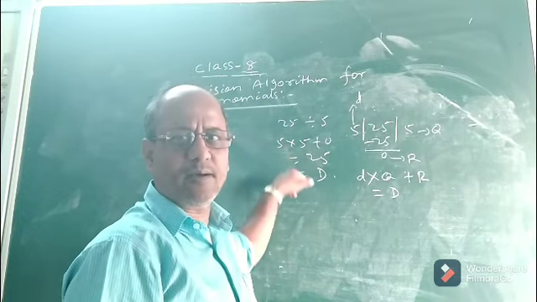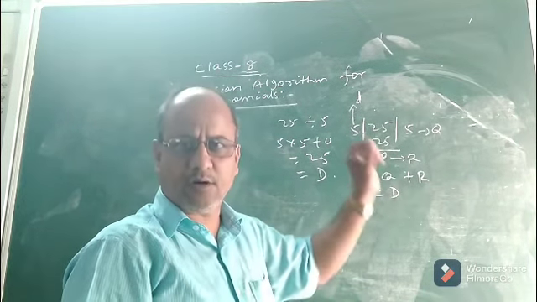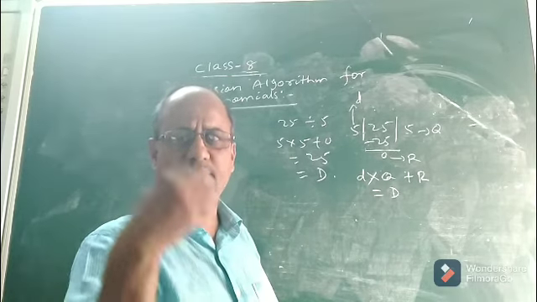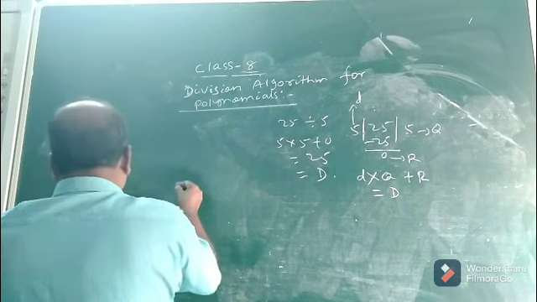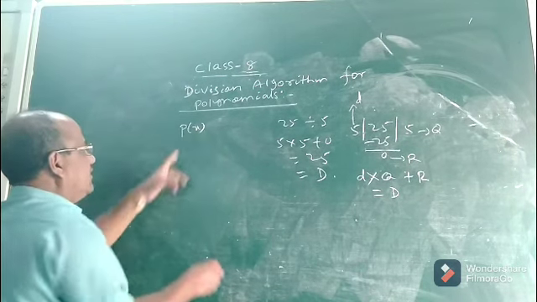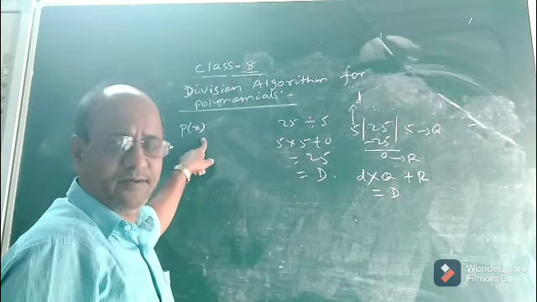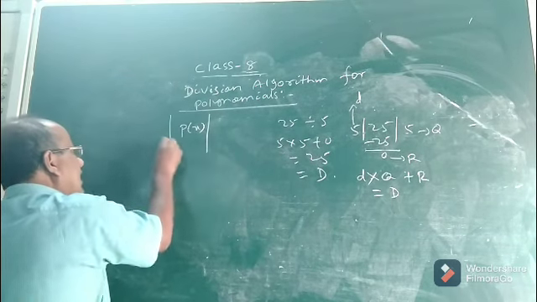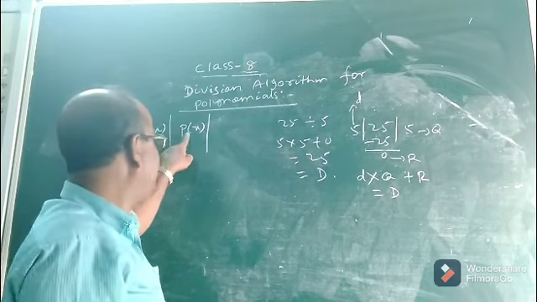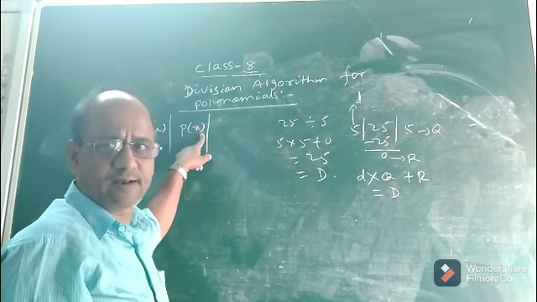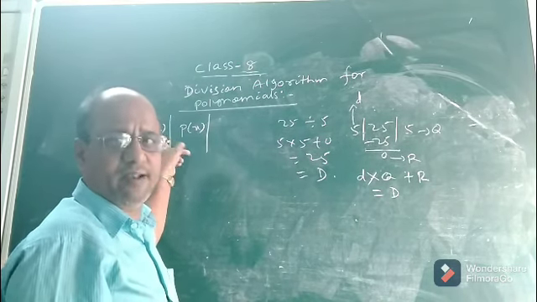The same process will be applied in the case of polynomials also. Here we were taking only numbers, but in polynomials we will use symbols, polynomials in variable x, y, z or any other variable. Now see what the division algorithm for polynomials is. Suppose a polynomial p of x is divided by another polynomial in the same variable x, say g of x.